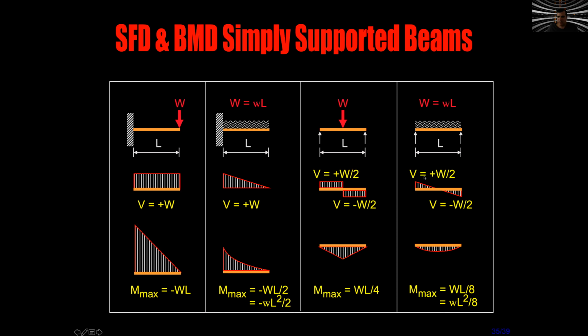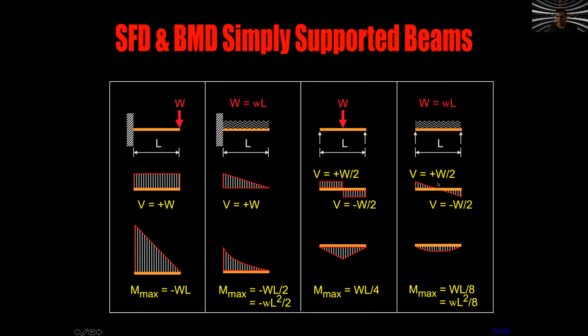Again, look here. We have this particular case. We need to go up because we have a reaction. We go down little by little. We pass through 0 in the center. We continue going down because it's symmetrical. I mean, if W is 100, again, the reaction will be 50 and 50. I go up 50, go down little by little, an inclined line, 100, go up 50.